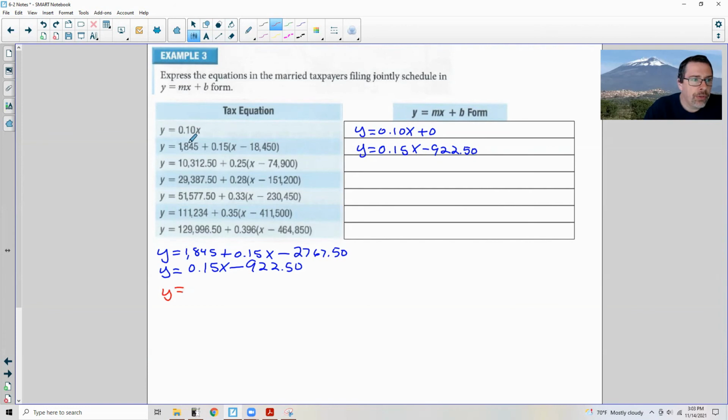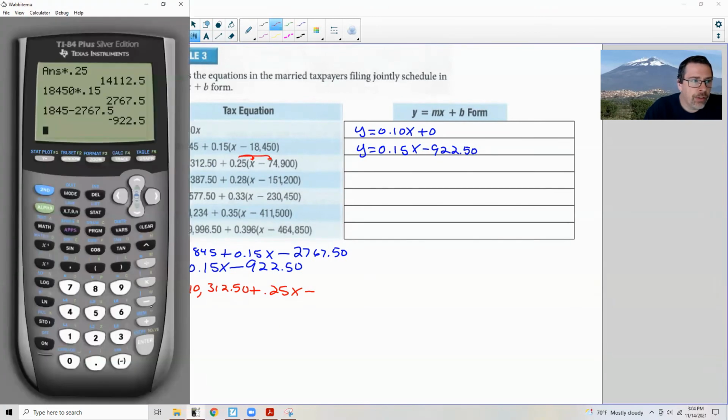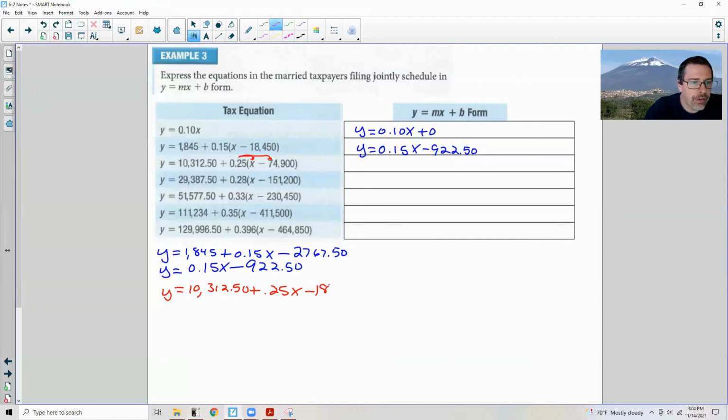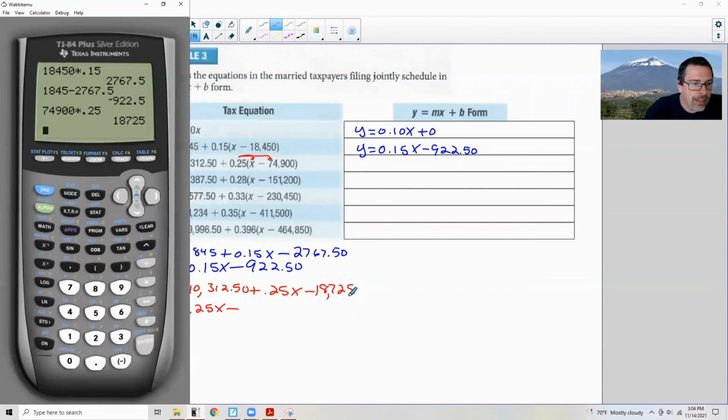Y equals, and now I'm doing the third one, 10,312.50 plus 0.25x minus, I'm distributing now here. And then I take 74,900 times 0.25, which equals 18,725. Okay, and that is going to give us y equals 0.25x minus this 18,725.